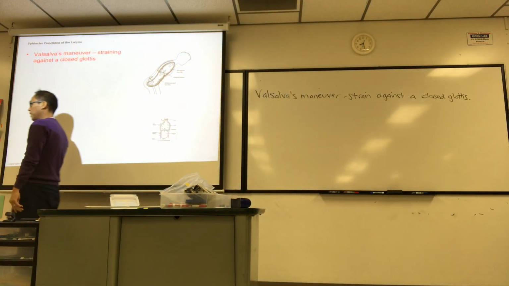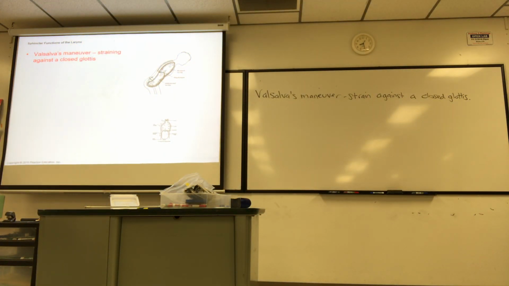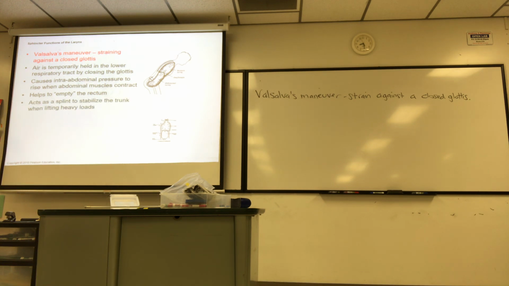So we do it instinctively, like when you lift a heavy box and you grunt. What you're doing is temporarily holding air by closing the glottis, and you make your trunk like a splint. It causes an increase in intra-abdominal pressure when the ab muscles contract. It helps when you go number 2, you empty the rectum, and you stabilize your trunk when you lift heavy loads.